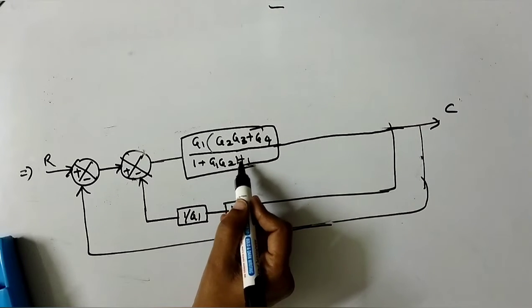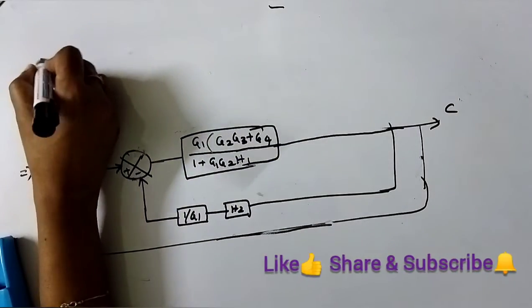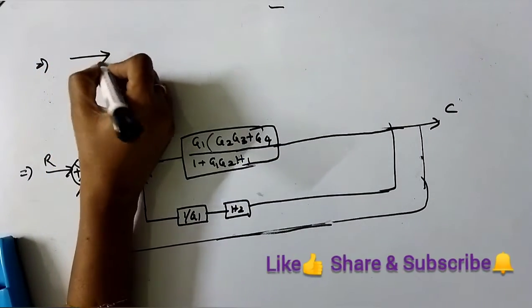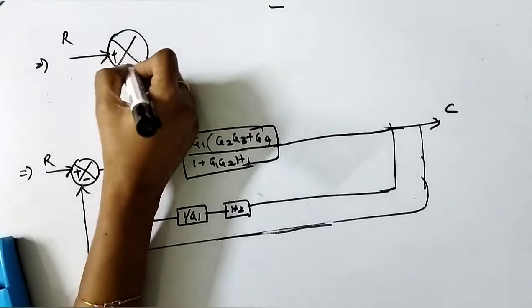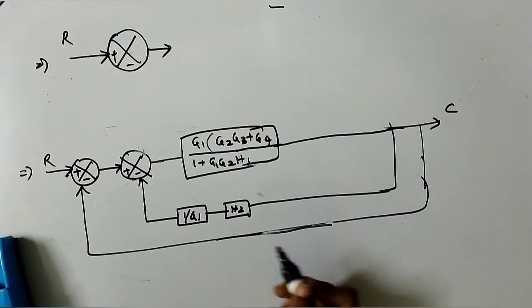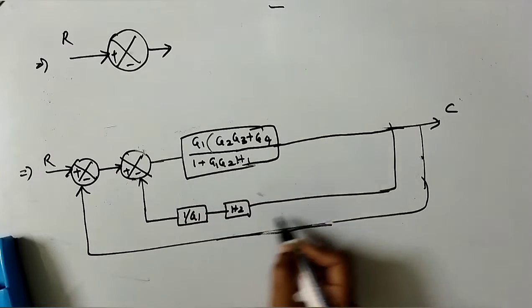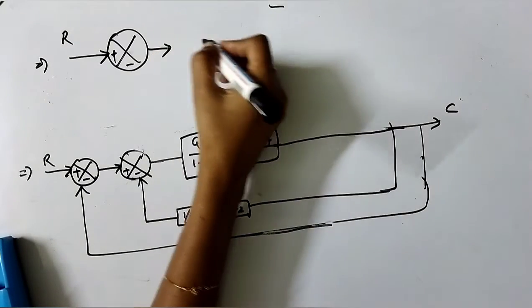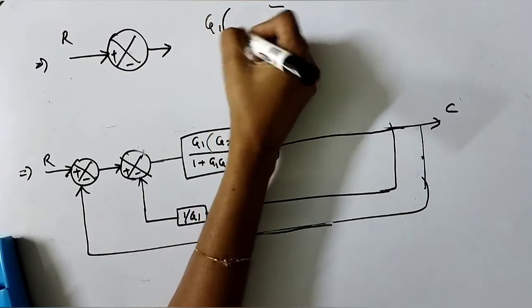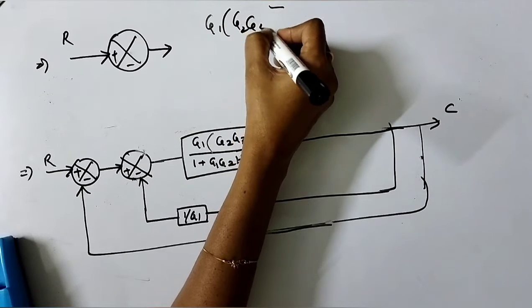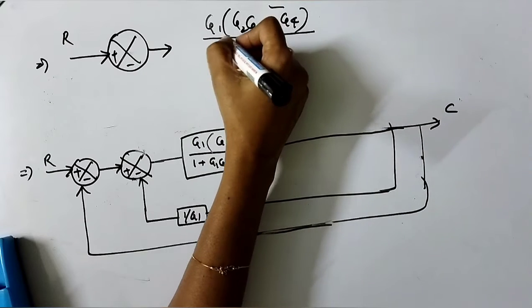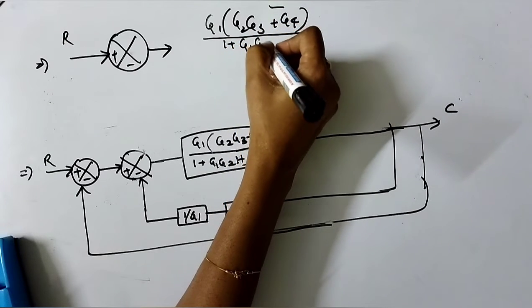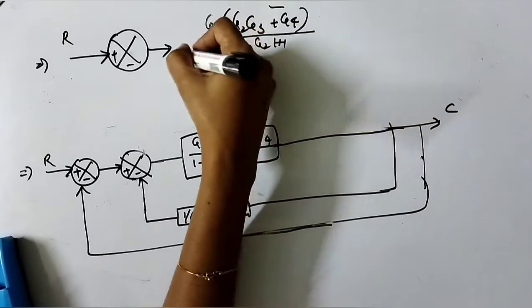Before that, let's redraw it. That is R into a summing point followed by this one. Elimination of this gives G1 into G2 G3 plus G4 by 1 plus G1 G2 H1.